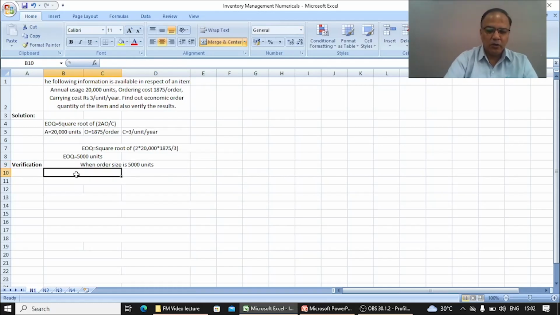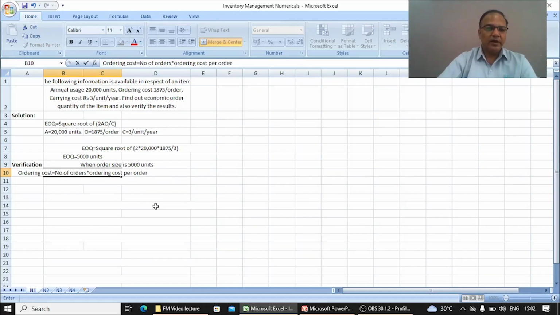Then ordering cost. Ordering cost is equal to number of orders into ordering cost per order. This is the ordering cost.